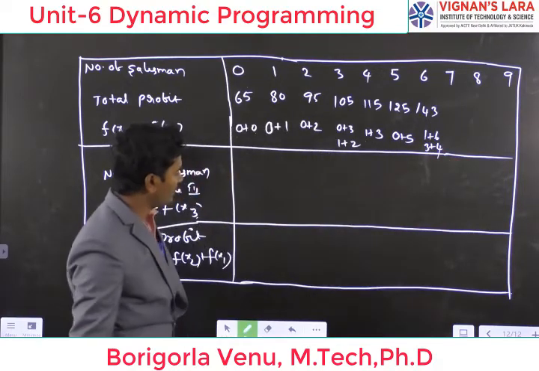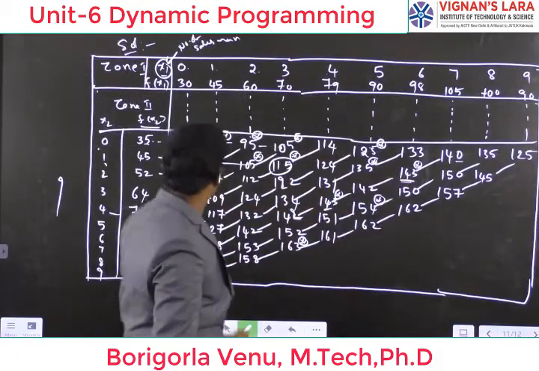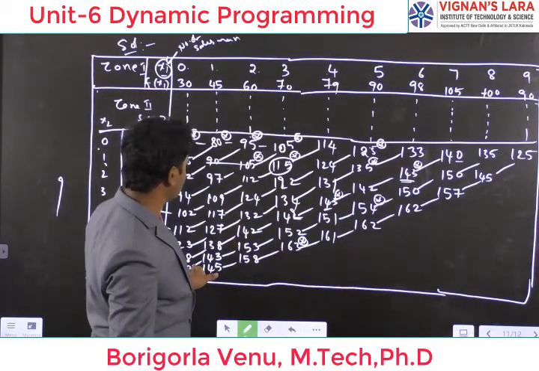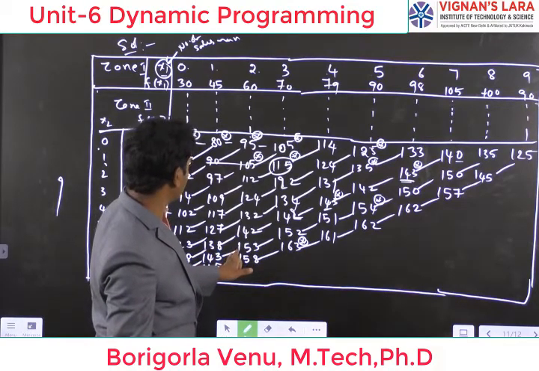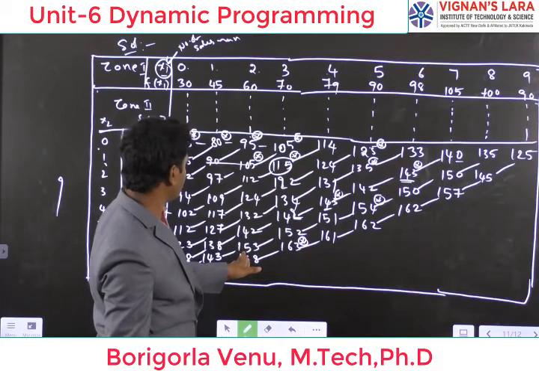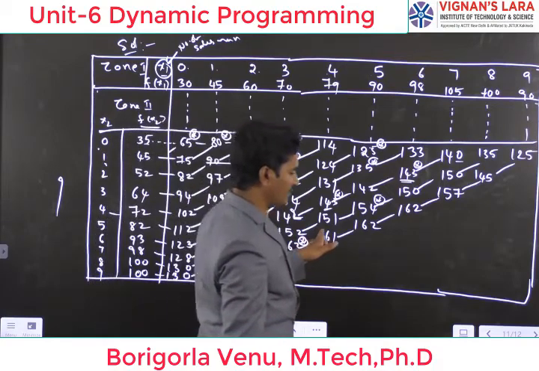Next, coming to the seventh salesman. Here the maximum value is 154.